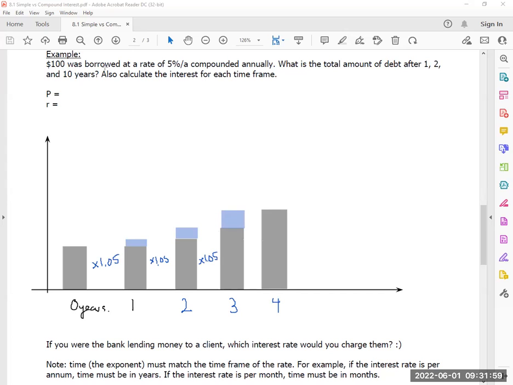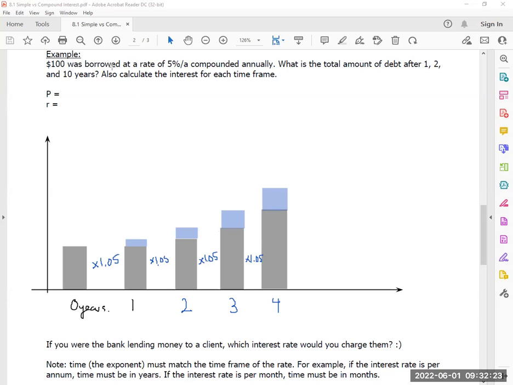So again, just think about it. When I'm multiplying this by 1.05, 5% of this gray block versus 5% of this gray block, I think you can guess which one is going to be larger. Right? Do you notice that the blue is steadily increasing? The amount of interest you are gaining is increasing.